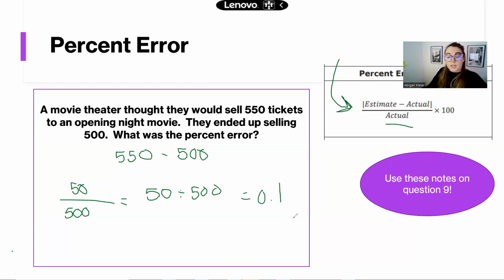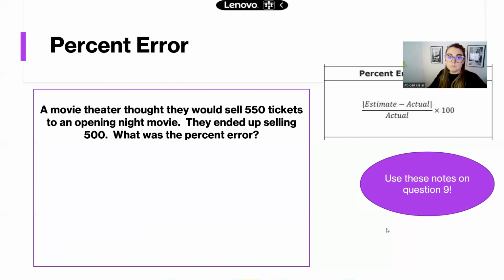And again, converting that to a percent, I can either multiply by 100 or move the decimal. Either way, that gives me a total of 10%. So the answer to this one, the percent of error, is that there was a 10% error in the calculations of their movie tickets. Again, this will help you with question number 9 on your unit test.